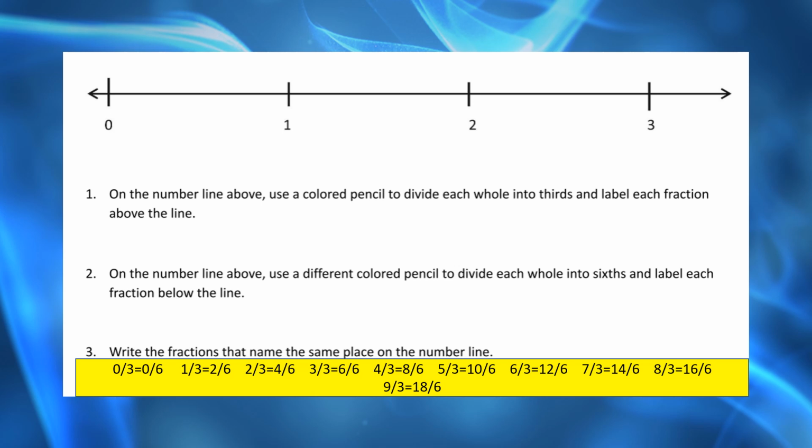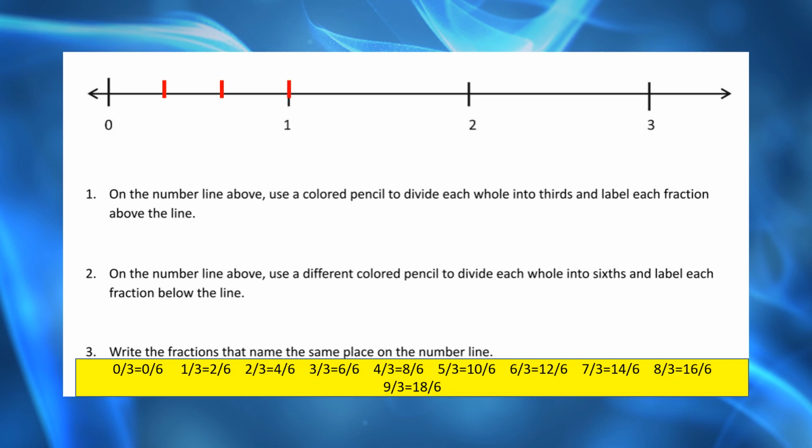And number 1 says on the number line above, use a colored pencil to divide each whole into thirds and label each fraction above the line. So first, we're going to partition the top part of the number line into thirds, and then we're going to label the fractions. So let's place our first line about here, our second line here, and our third line here.